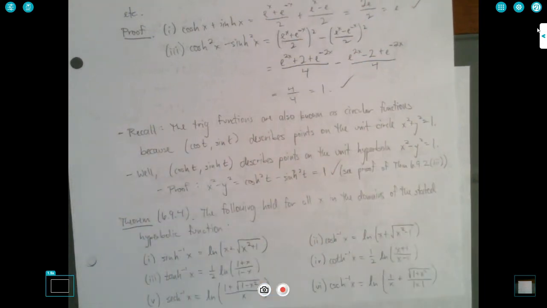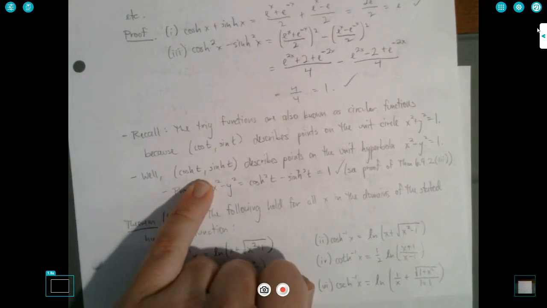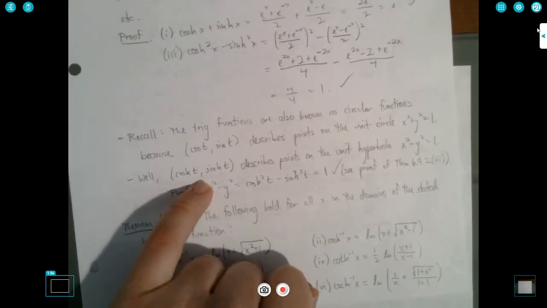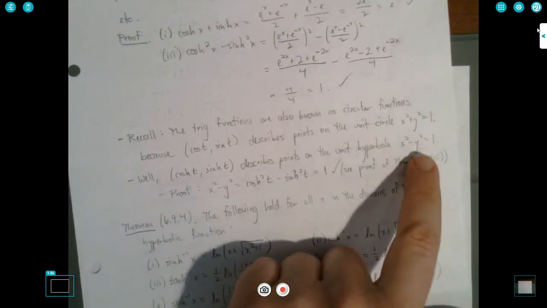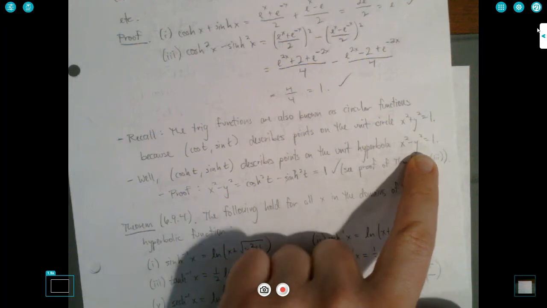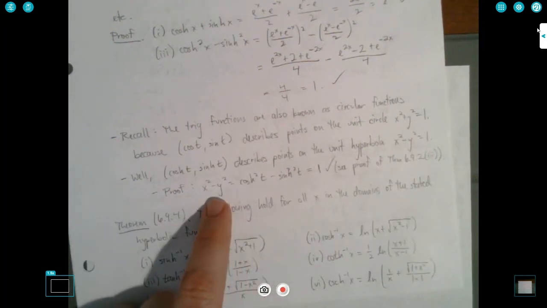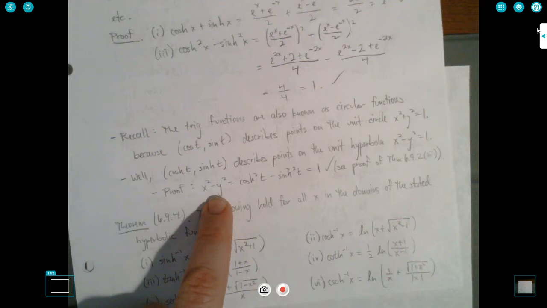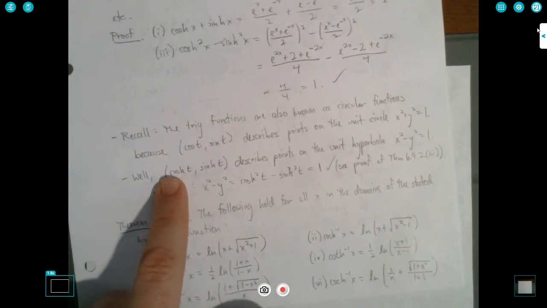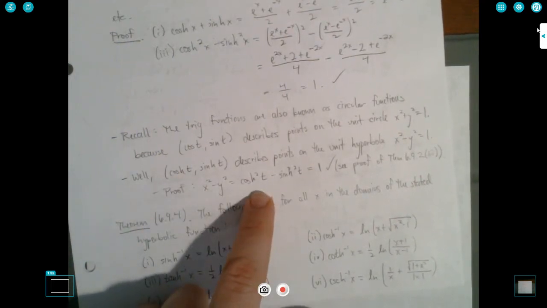Well, in a similar way, if you take a point cosh t, sinh t, it turns out that that describes a point on the unit hyperbola, x squared minus y squared equals 1. And that's easy to prove, right? Because if you look at x squared minus y squared, if x is cosh t, then x squared is cosh squared.